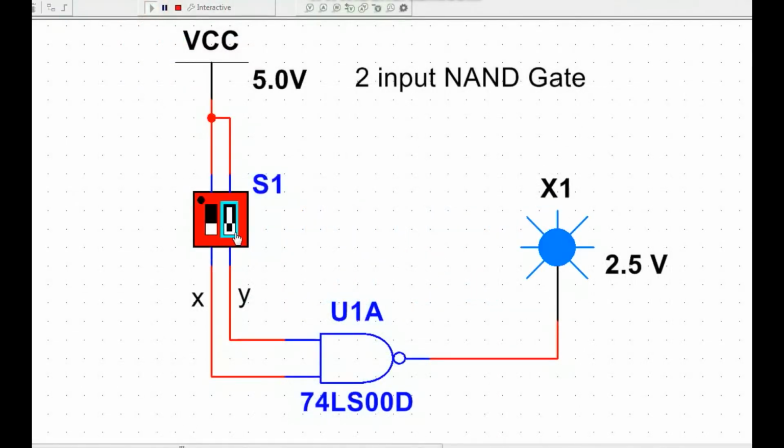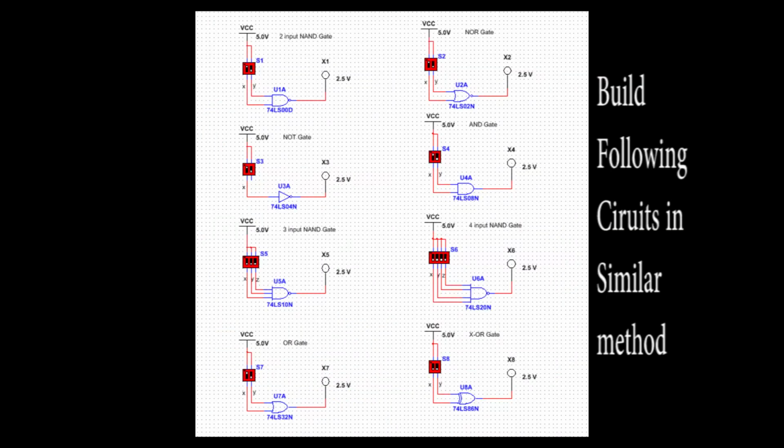Once you build the circuit, you can check the truth table by running the program. For the NAND gate, the output will be 0 for 1, 1, and 1 for the other input combinations. In a similar way, you can build all the other circuits in MultiSim.